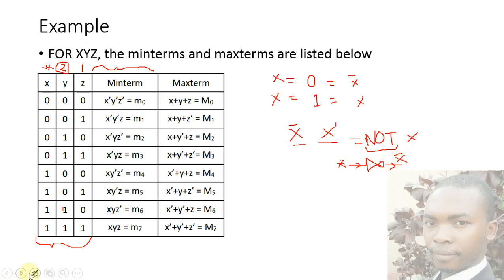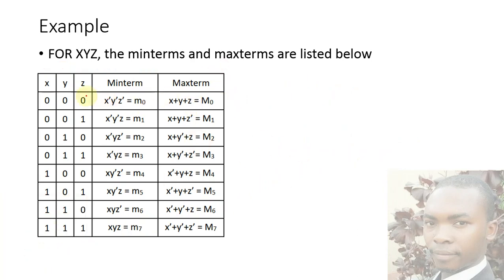All right, so let us see how we are going to do this. Where there is a 0, you put not x. And remember that the minterm expression is a sum of products.